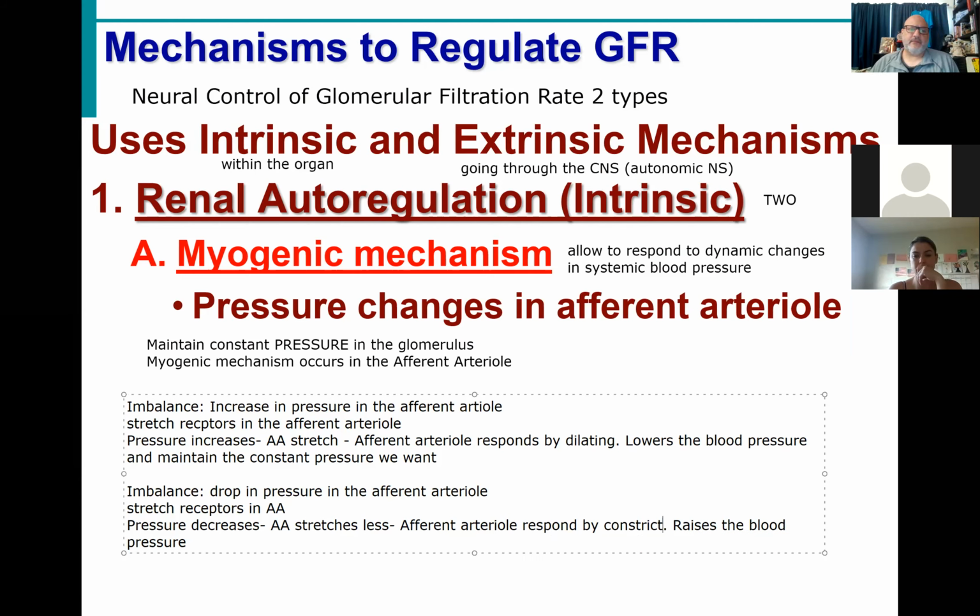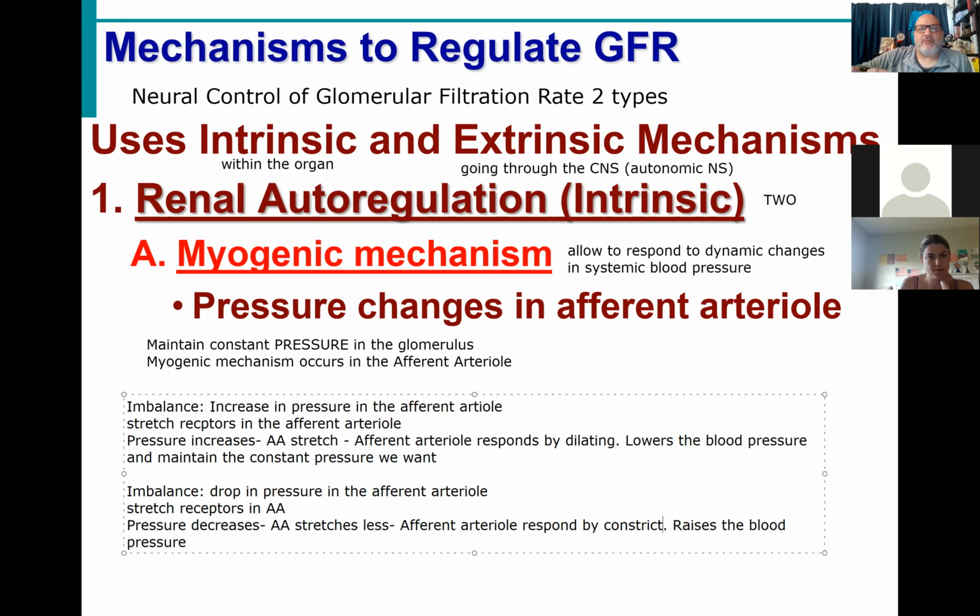Excellent. So notice what's happening in our afferent arteriole is it is constantly constricting and dilating to try to maintain a consistent pressure of that blood as it's entering into the glomerulus. Right? Notice this is not about the volume of blood. This is just about the pressure. And that is what this myogenic mechanism does.